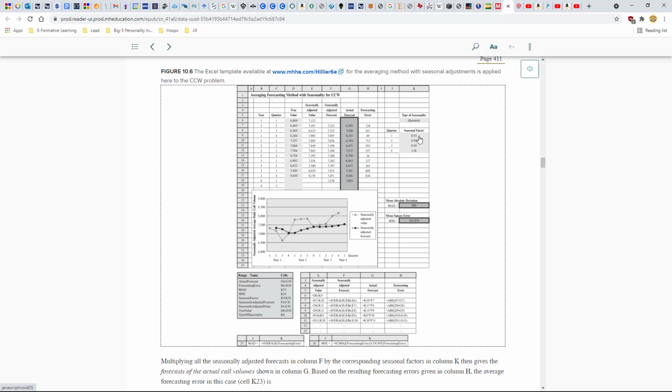We need something to compensate for these suppressed ones, and this one is amplified. Q4 is amplified from the average. It's greater than, magnified. On average, Q4 is 18% higher than the overall average, 1.18, the 0.18 there. Okay, all right. So that's how we interpret those things.